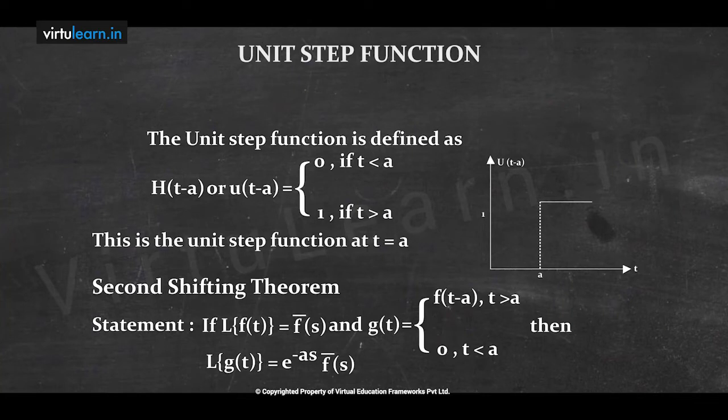Once again, the Laplace transform of f of t equals f bar of s, a known quantity, and g of t is, if it is in this form, f of t minus a when t is greater than a, 0 when t is less than a, so g of t has two values, then the Laplace transform of this type of function g of t is e power minus as into f bar of s.